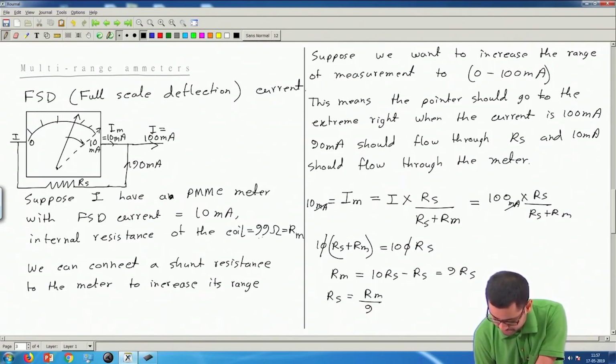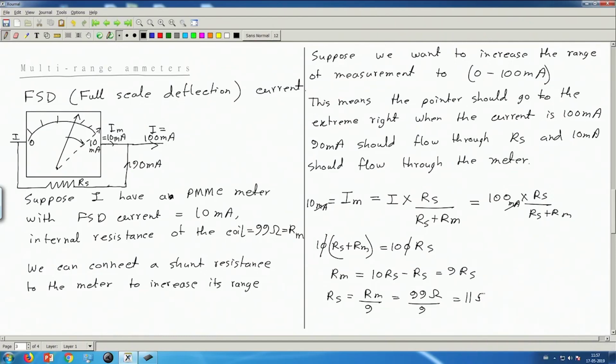Now Rm is given to be 99 ohm, so divided by 9, this will be 11 ohm. So with this value of Rs, we can change the range of this meter to 100 milliampere from 10 milliampere.